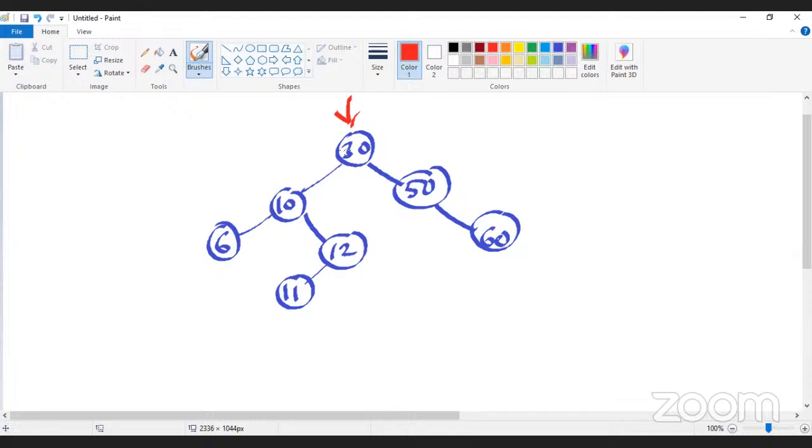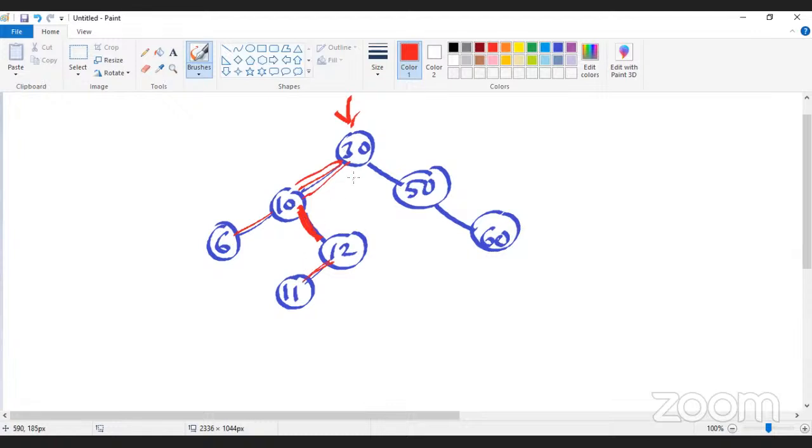Whatever node you take, from that node to a leaf node in the longest path. You can see there are two ways. What is the longest path? This one.